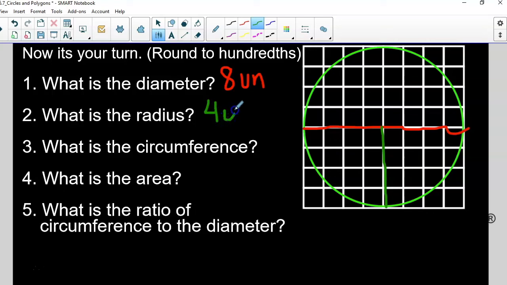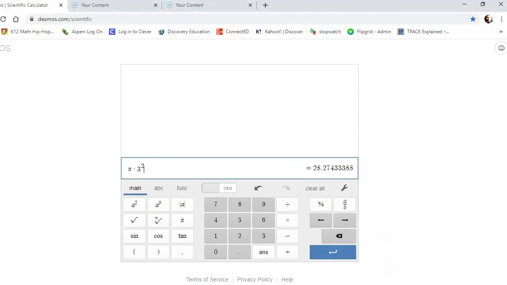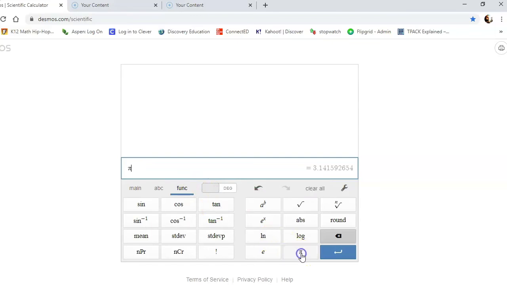Now, what is the circumference? Well, remember the circumference is equal to pi times the diameter. Pi times 8. We're going to use our Desmos calculator to do that. I'm going to clear this. I'm going to hit my function button to get the pi.